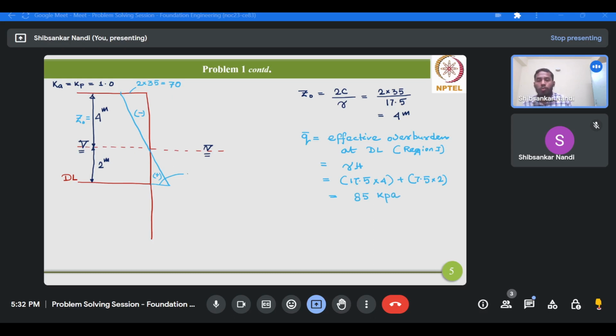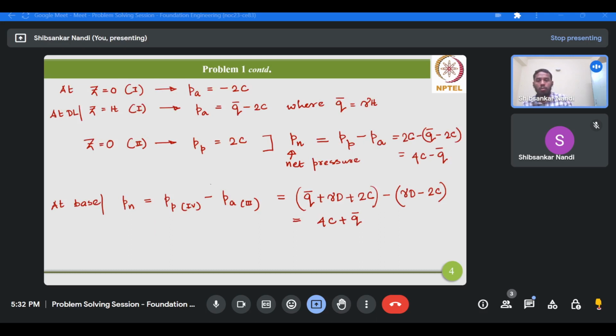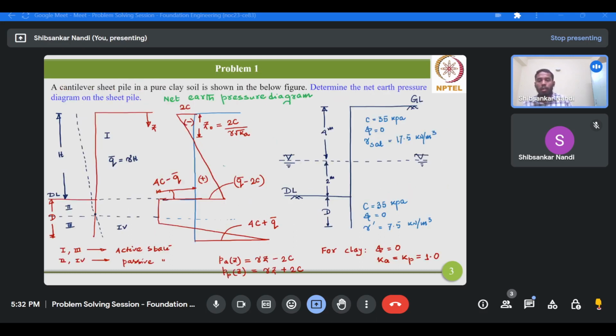So therefore, this value would be 85 minus 70 equals 15. Q bar minus 2C. So just refer to this qualitative distribution, this diagram of net earth pressure distribution.